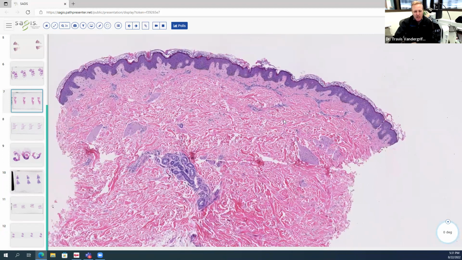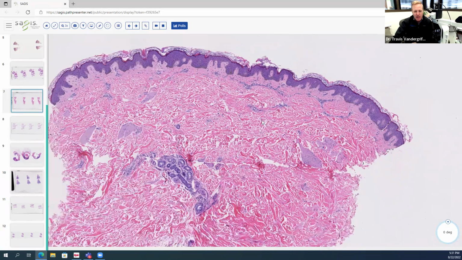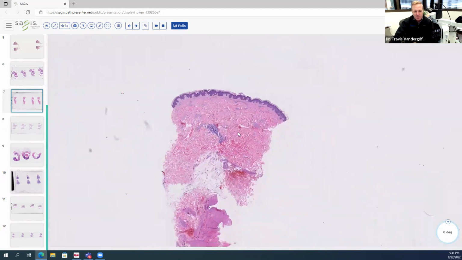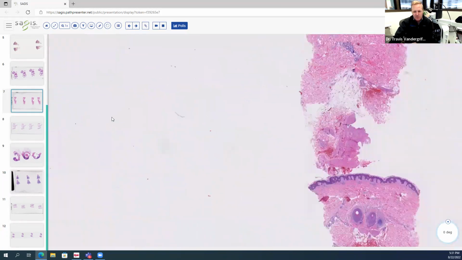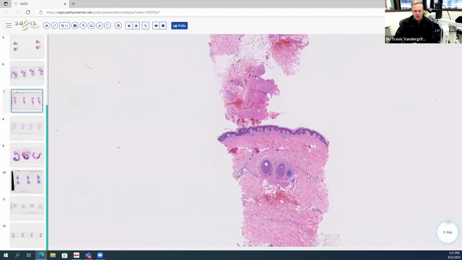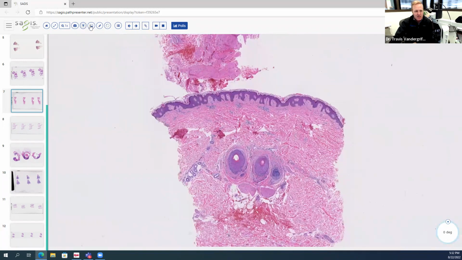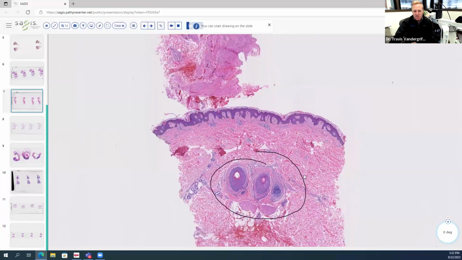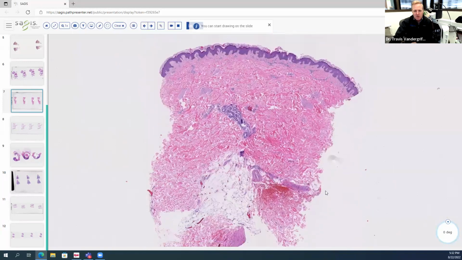If you put the additional features of hyperpigmentation and some increased terminal hairs, then you would call this a Becker's nevus. And this does have the conspicuous hairs here. So this could be a smooth muscle hamartoma or a Becker's nevus.